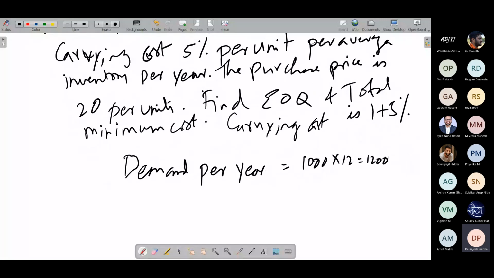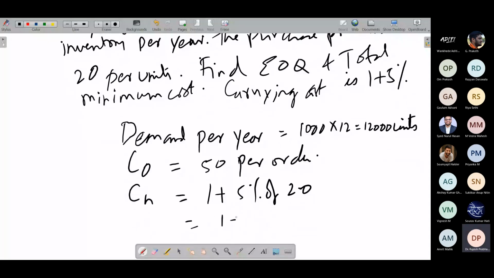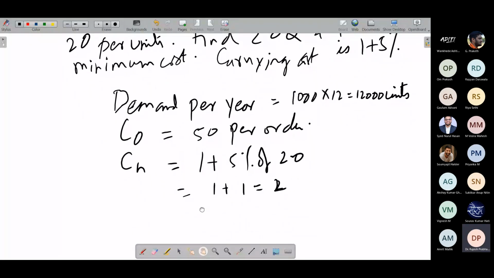We got 12,000 units as the demand per year. Ordering cost is 50 per order. Cost of holding is 1 plus 5% of 20. That means 1 plus 1, this is your 2. So now replace these values in the formula and calculate.